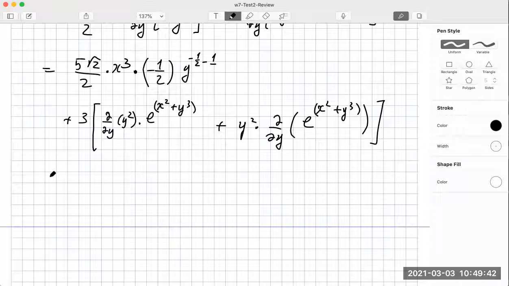Let us simplify it. Here, negative 1/2 minus 1 will be negative 3/2, right? Therefore, let us write this constant out first: x cubed, and negative, and 2 times 2 will become 4.